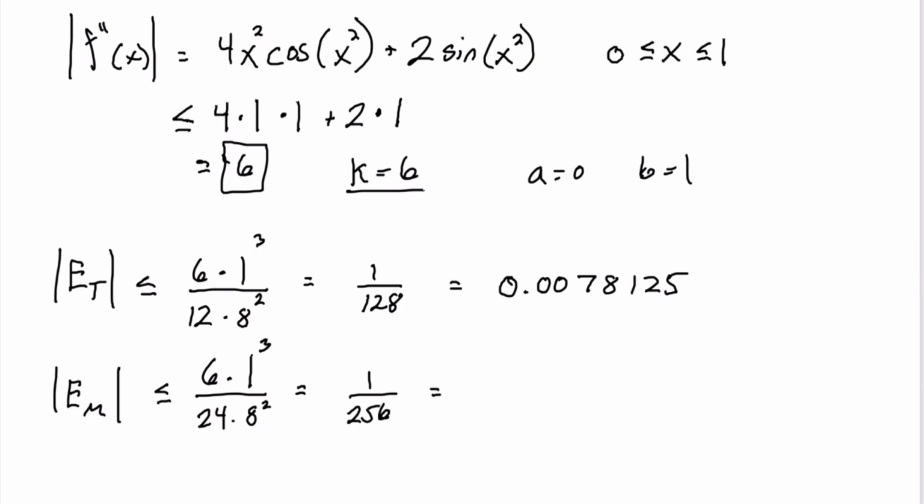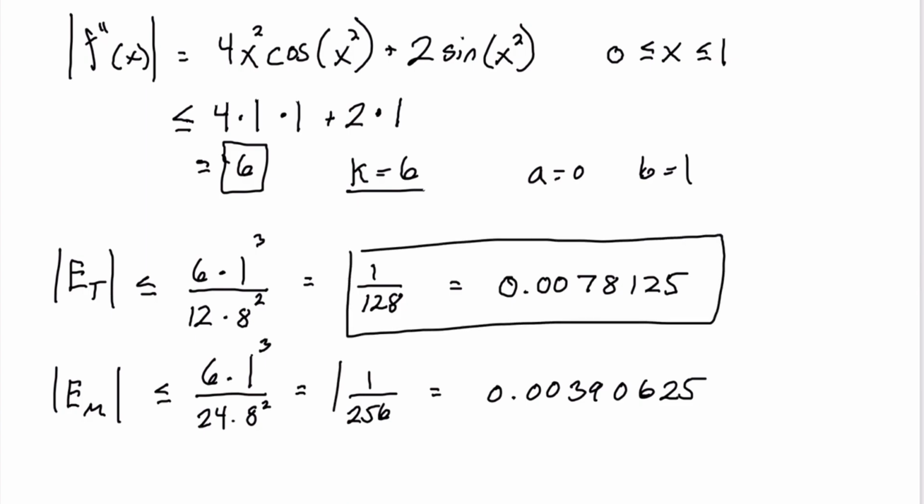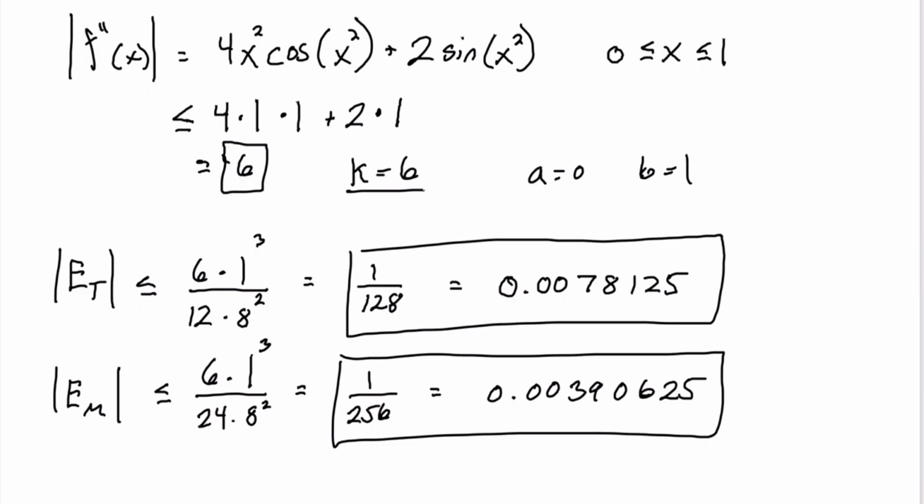And if we want a decimal, that would be 0.00390625. Essentially what we just found is the upper limit on the errors that we have in approximating the integral using the trapezoid rule and the midpoint rule.